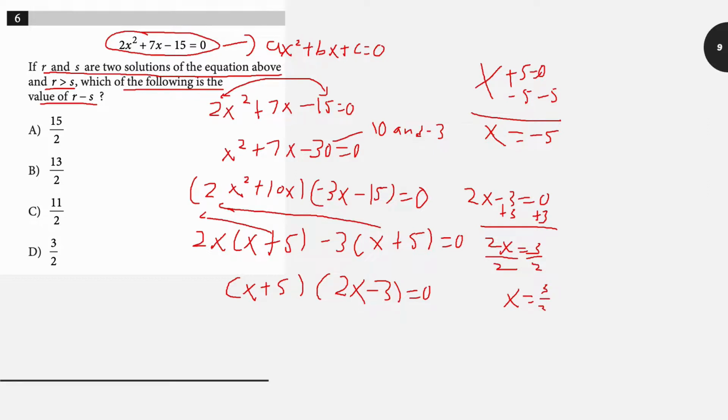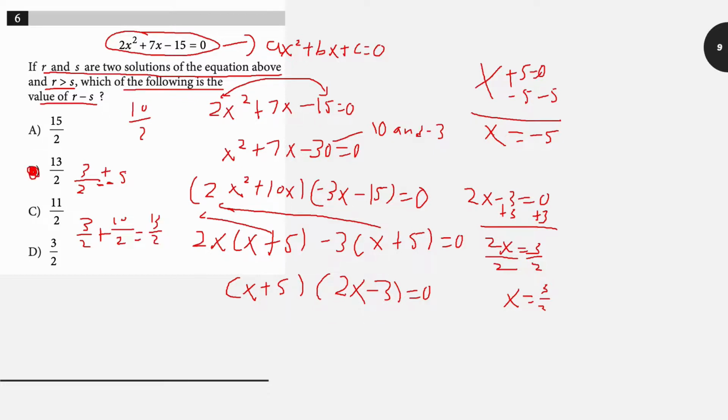So you're trying to find the value of r minus s, so 3 over 2 minus negative 5 can be written as 2, negative cancel out, you get positive. 5 can be written as 10 over 2, so 3 over 2 plus 10 over 2, you get 13 over 2, which gets you the answer B.